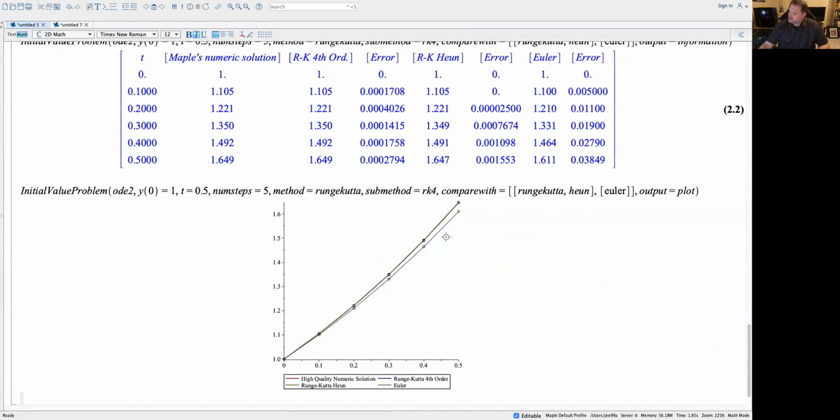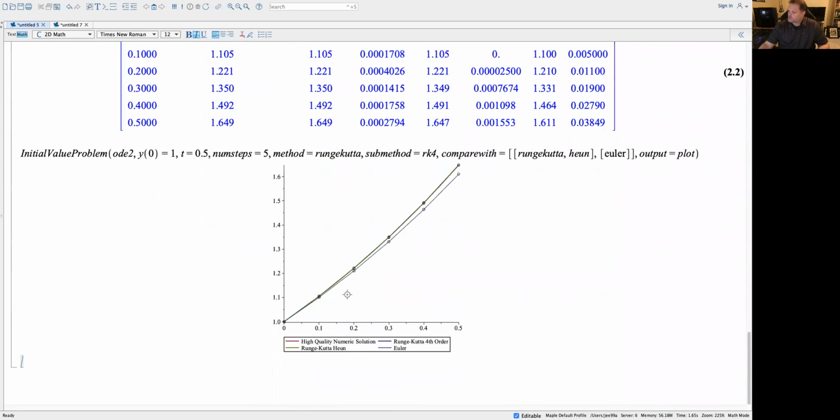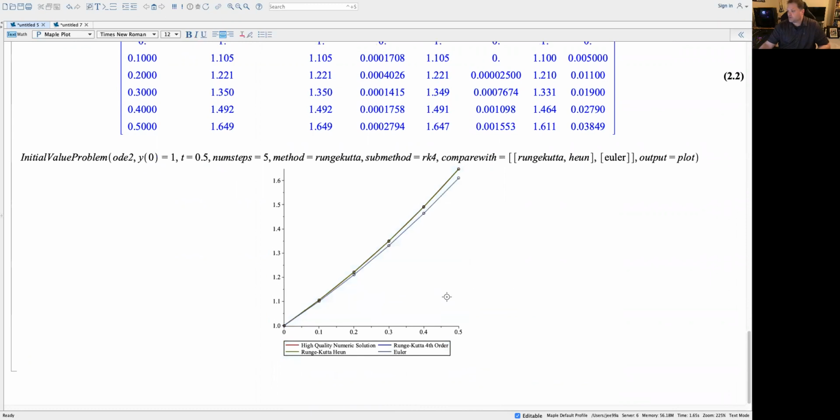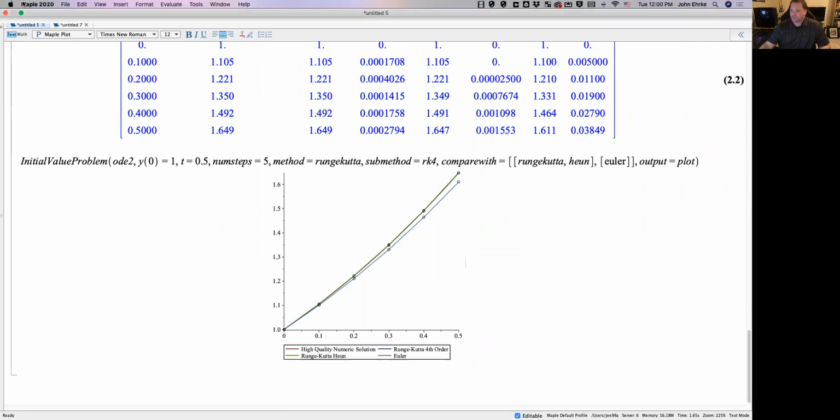Then it shows you basically the same thing as this: Euler's method, Runge-Kutta, and Heun, along with the highest quality numeric solution that Maple has, which for all intents and purposes would be the most accurate actual solution. So this will help you answer the questions on parts C and D of problem 2.